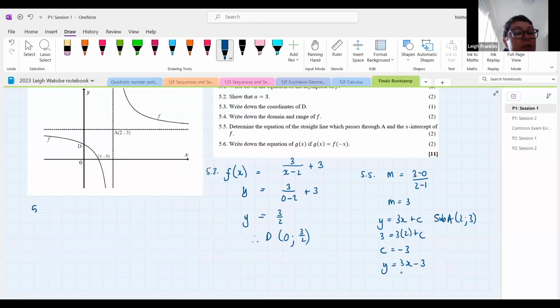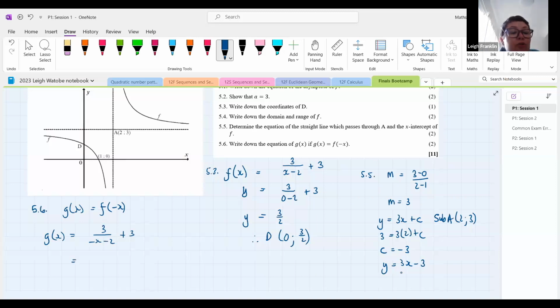This is the one that you guys were asking about. Here, can you see they've told us that g of x is equal to f of -x. So in other words, x has changed sign. So when we write down our equation for g of x, we have to change the sign of x. That gives us 3 over, and here x is positive, so we're going to make it -x minus 2 plus 3.